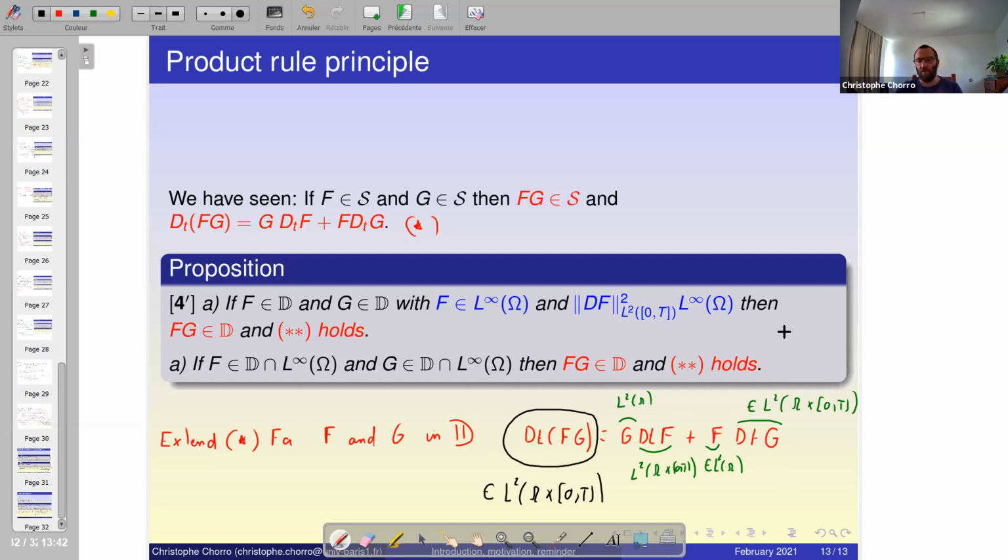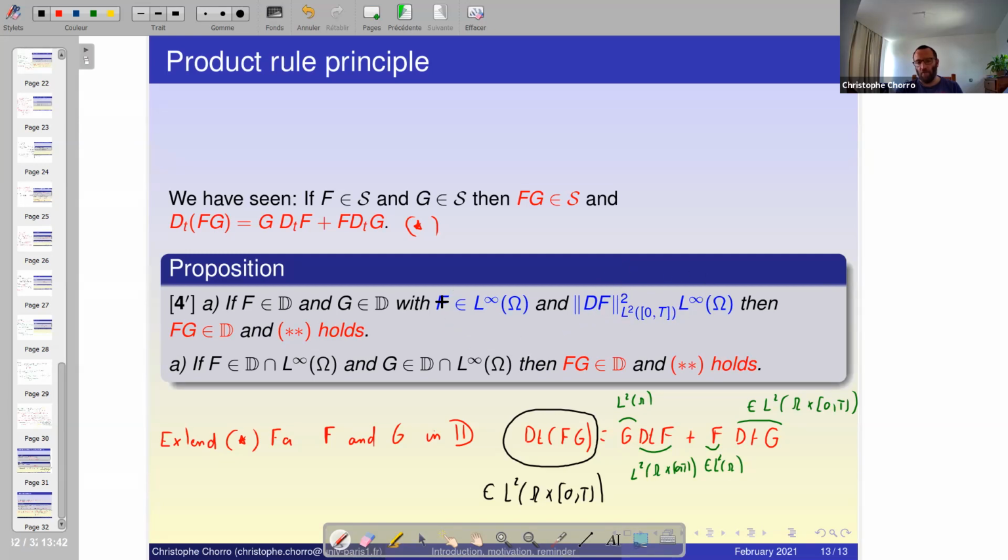It's the same here. I can make this hypothesis: if I suppose that they are both in D, F is in L infinity, and the square of the norm of DF in L2 is in L infinity.